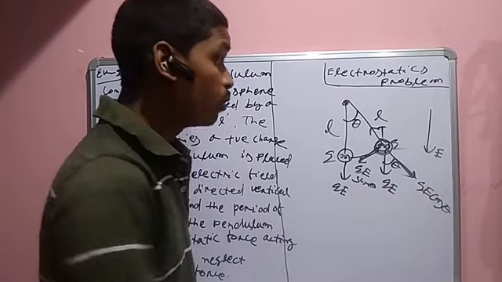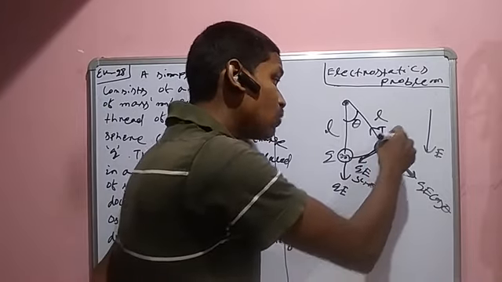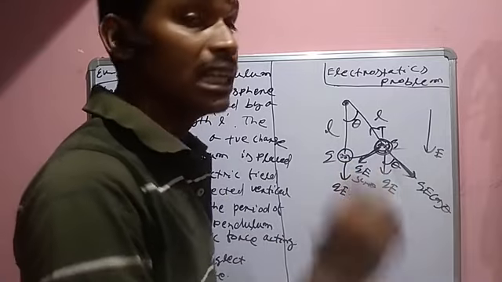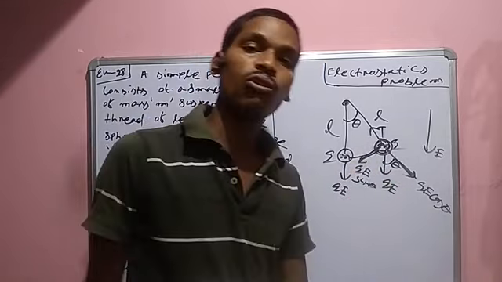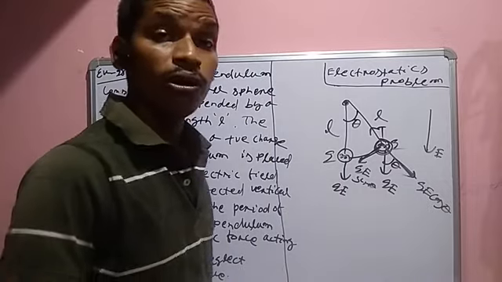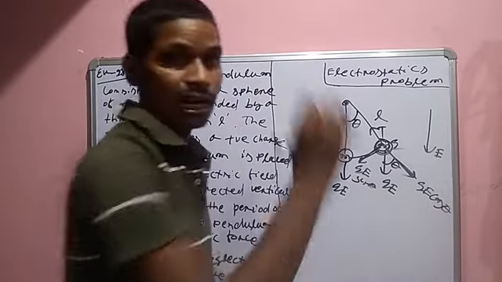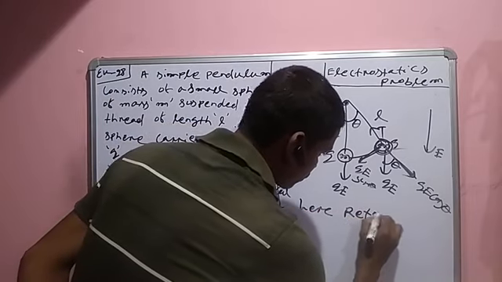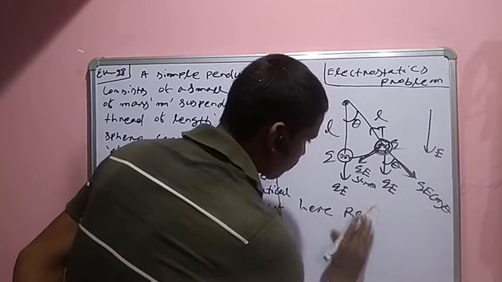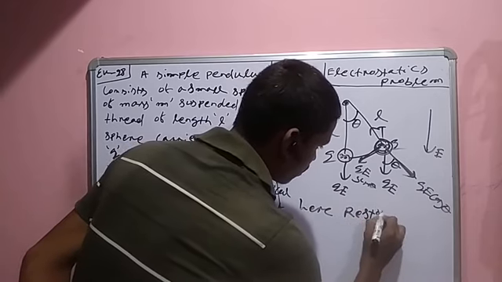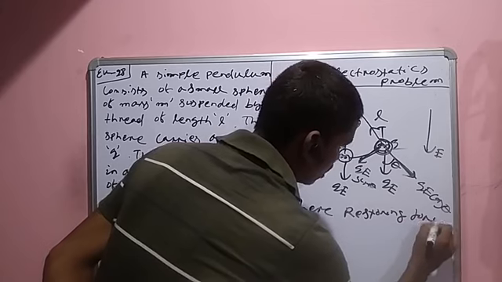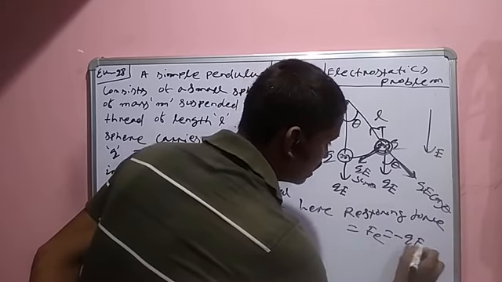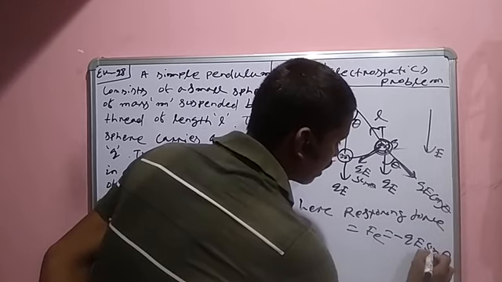We already know that after some time the body tries to return to the mean position. That means there is a restoring force, and that restoring force is QE sin theta. The restoring force F is equal to minus QE sin theta.